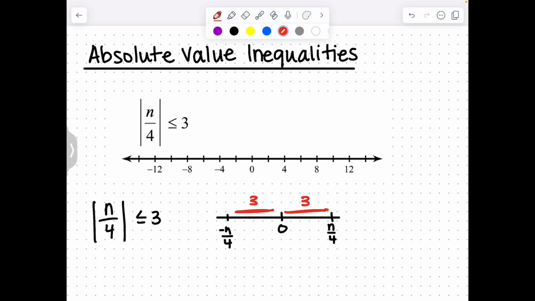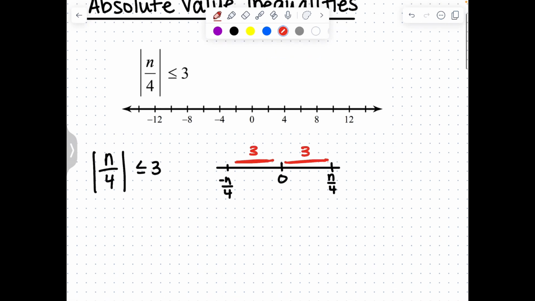This distance is 3. But remember, with our absolute value solving with our equations, that meant we had to solve it twice. We had to handle this left-hand side idea, that the negative n over 4 was equal to 3. Now this time we're not equal to, but we need that distance to still be less than or equal to 3.